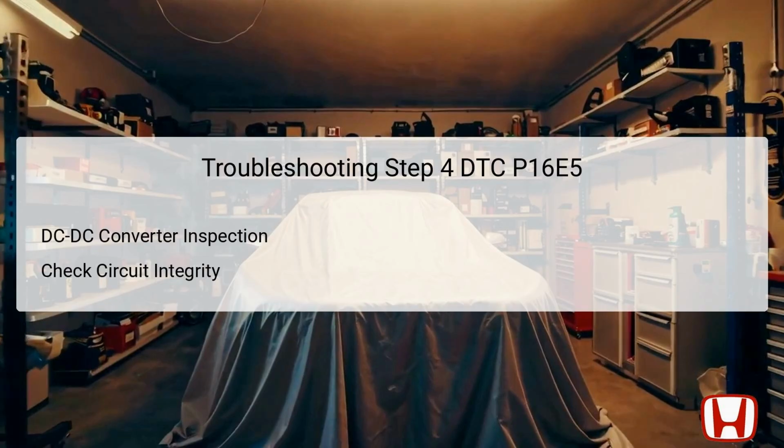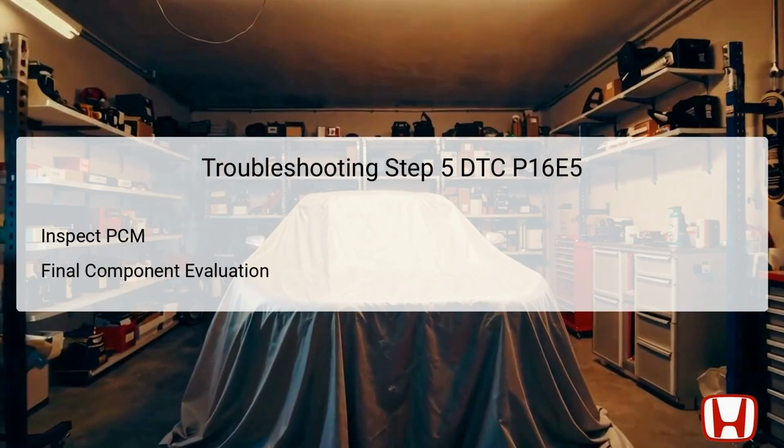This process starts with verifying the connections and testing the component functions under normal operational conditions. The goal is to determine if the component itself is faulty. If the converter passes this inspection while the DTC remains, it indicates that the issue is likely with other connected components, rather than the DC-DC converter itself.